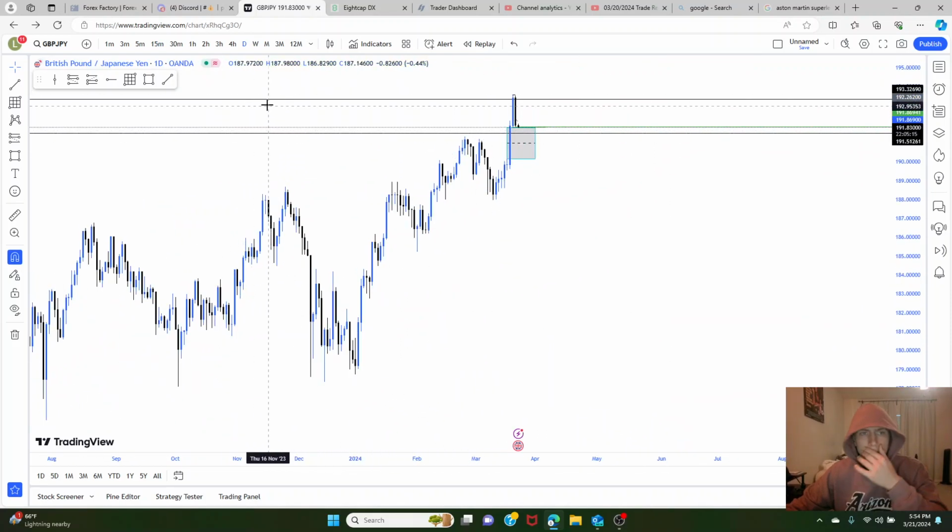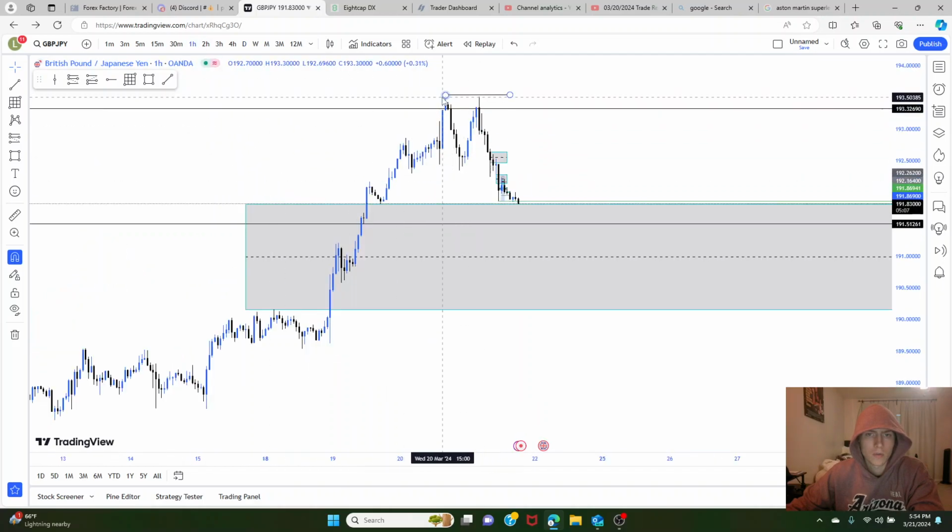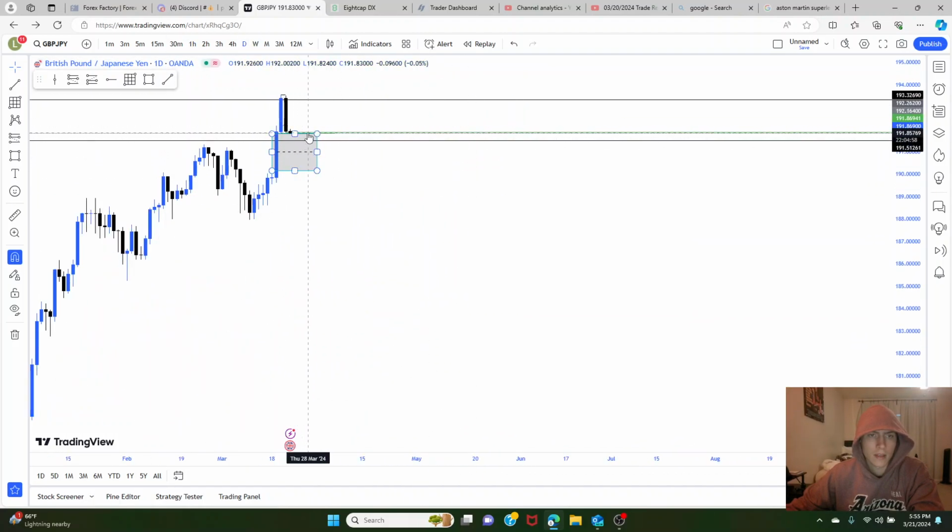And I guess to sum it up, we're reacting off this daily fair value gap right here, plus weekly order blocks. If you go down to the 1 hour, you can see that we had a fail swing high right here. Started having some movement downwards. Had this enticing daily fair value gap that I thought we were drawing to, as well as yesterday's daily candle lows.